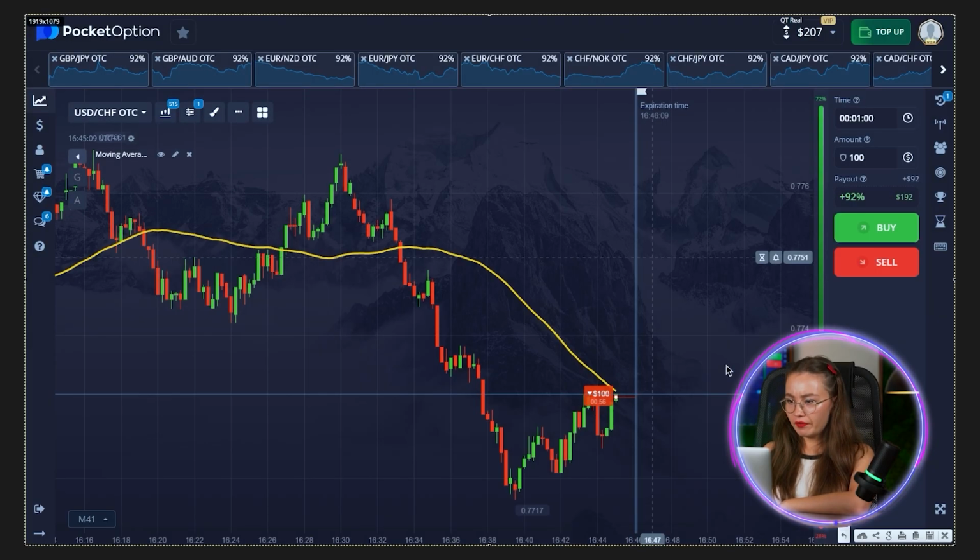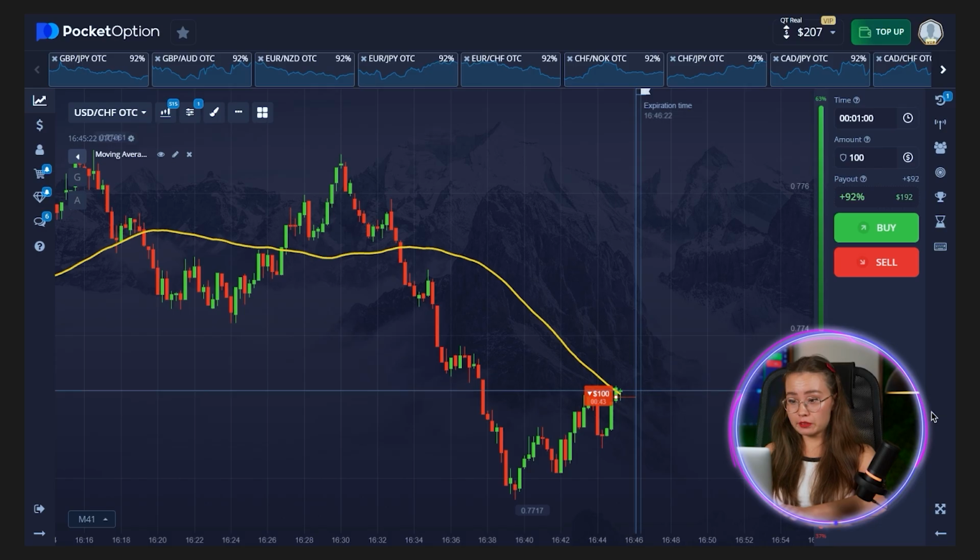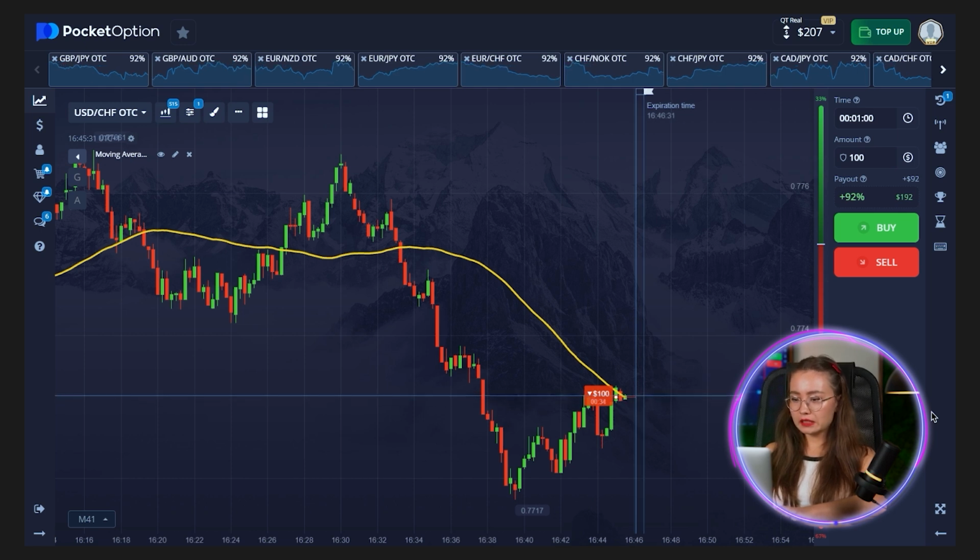Let me draw. We see that we hit the moving average, downward movement. According to the strategy, we've opened a short, identical situation to the previous one, exactly the same. Currently seeing buyer resistance. Come on, just go down.